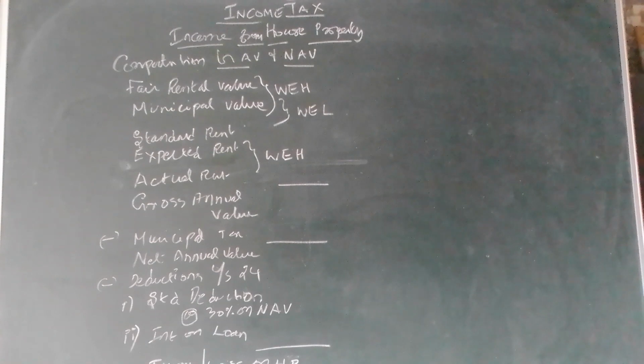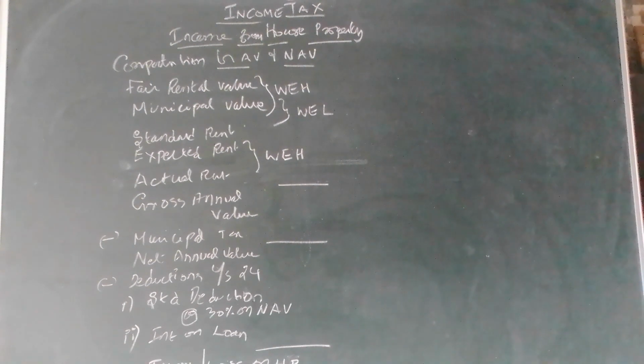That means whichever is lower should be considered. Then that value is taken as expected rent. So, fair rental value and municipal value, whichever is higher, should be compared with the standard rent, and whichever is lower is named as expected rental value.